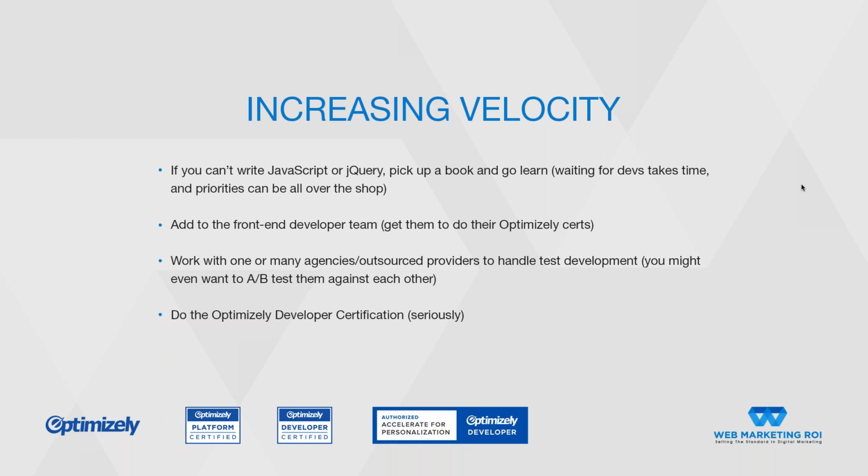Because they're not focused purely on Optimizely, their speed of building out tests might be slower. They might take more hours, their quality of test creation might be lower, and there might be more challenges. And sometimes even building the business case to get and keep those resources focused can be very tricky.